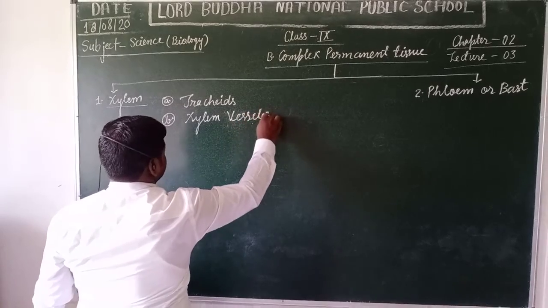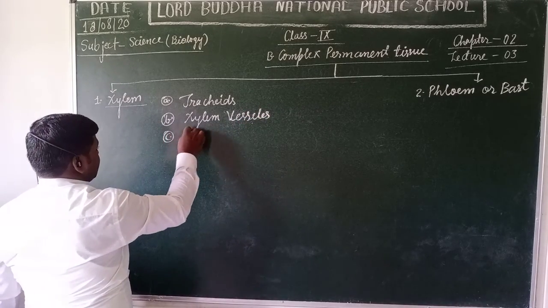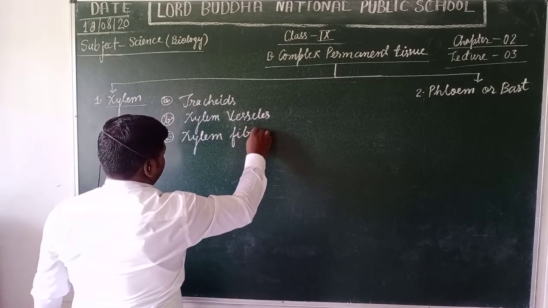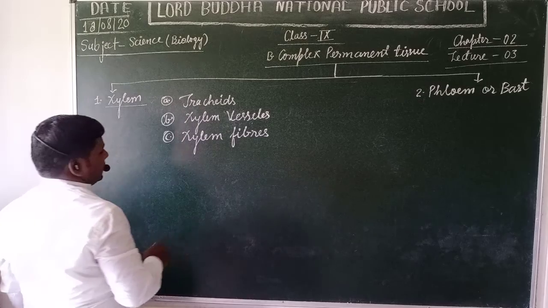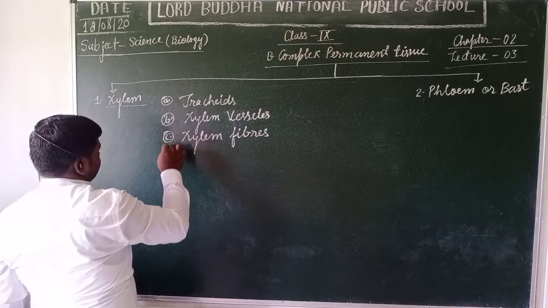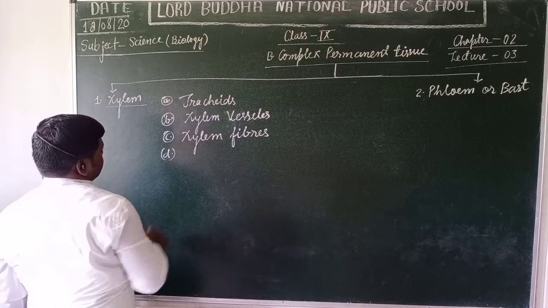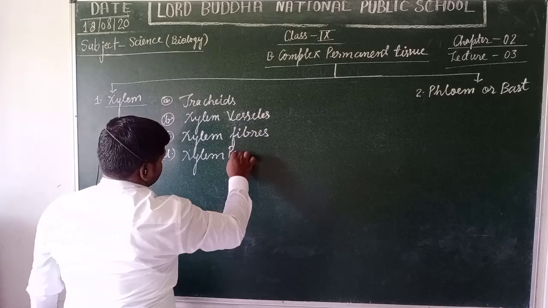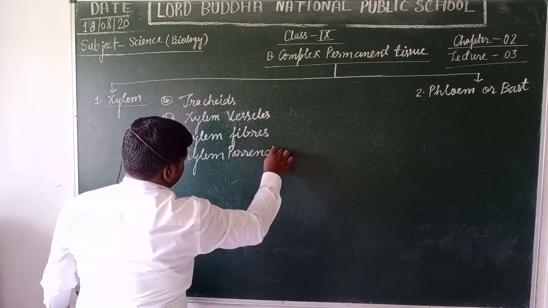Xylem vessels. Next, xylem fibers. Xylem fibers are similar to sclerenchymatous fibers. And the last type of cell is xylem parenchyma. Parenchyma.